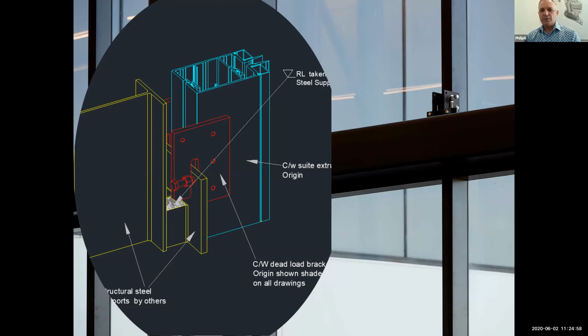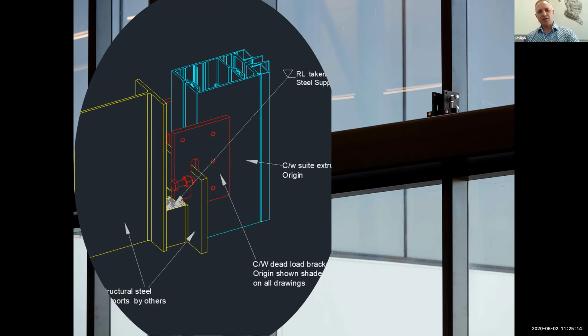The image itself, firstly, I apologize because the detail I've got showing is obviously not relative to the image that we have on the slide, because the image has the structure going horizontally with a vertical mullion and the bracket connected to it.